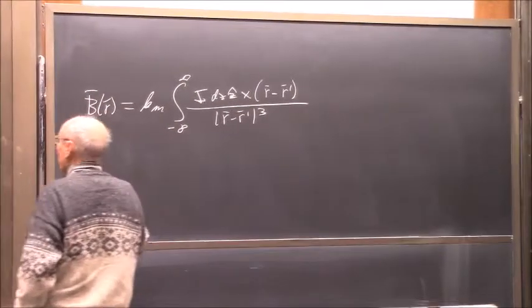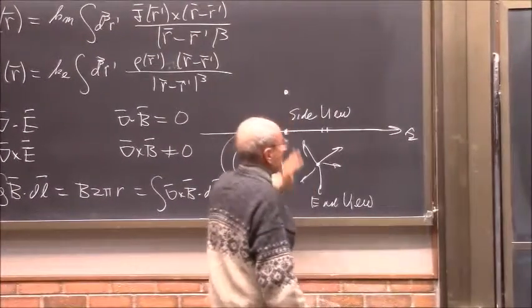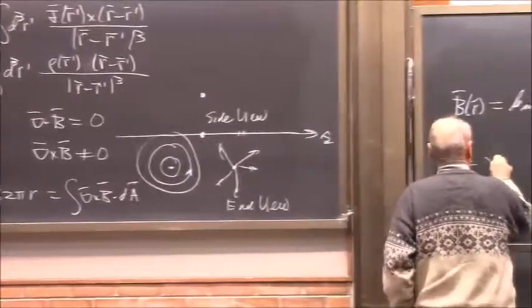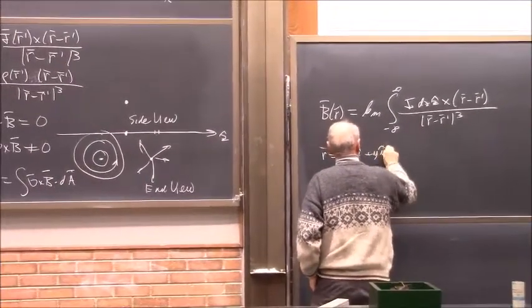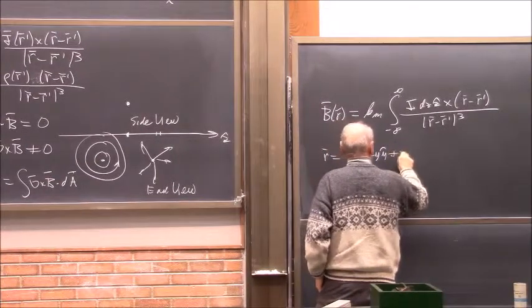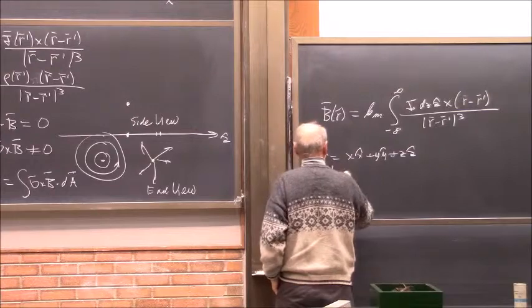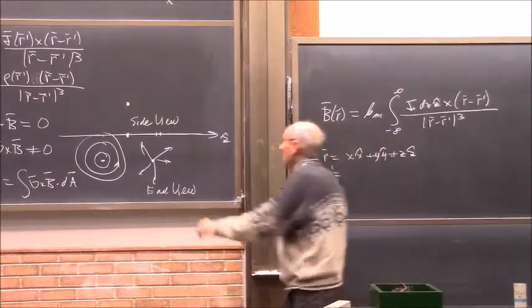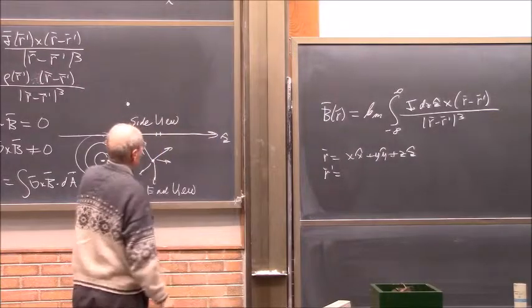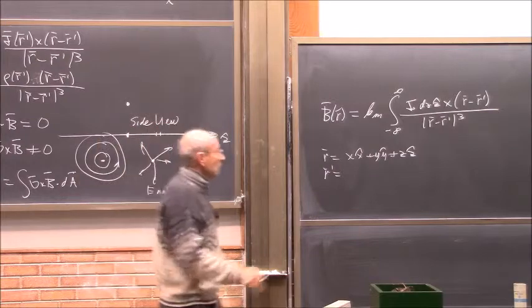And what you're going to have, you're going to take r to be x x hat, y y hat, z z hat. Since it's the same everywhere along this wire because it's infinitely long, we'll calculate it at z equals 0.